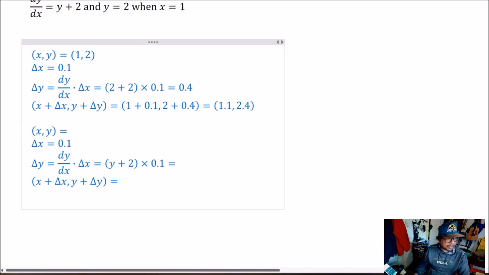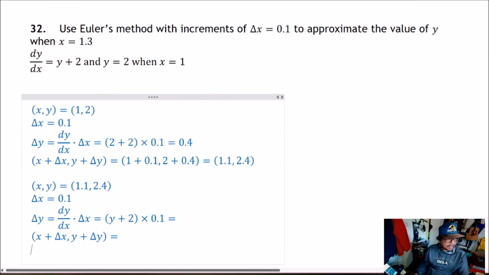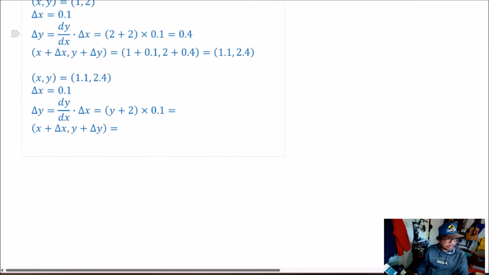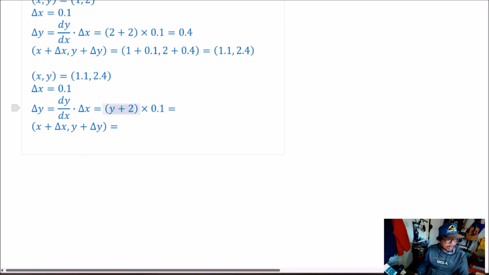All right, so we're going to start now at this value, this x and y. We're going to put that right there. Just like before, my delta x is 0.1. And just like on the previous one, we're going to estimate my delta y by multiplying dy/dx and delta x. dy/dx is still y plus 2.